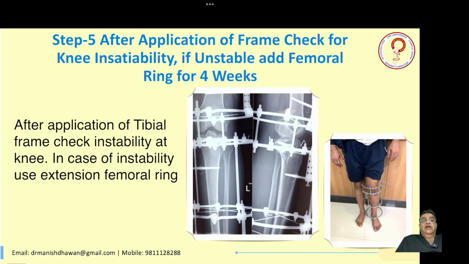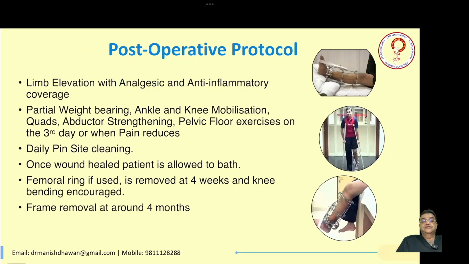Once you have put the tibial frame, you have to check for knee instability. If the knee is found to be unstable, you can add a femoral ring, and you can remove this ring after 4 weeks. Now, what is the post-operative protocol? You have to elevate the limb, with analgesics and anti-inflammatory coverage given.